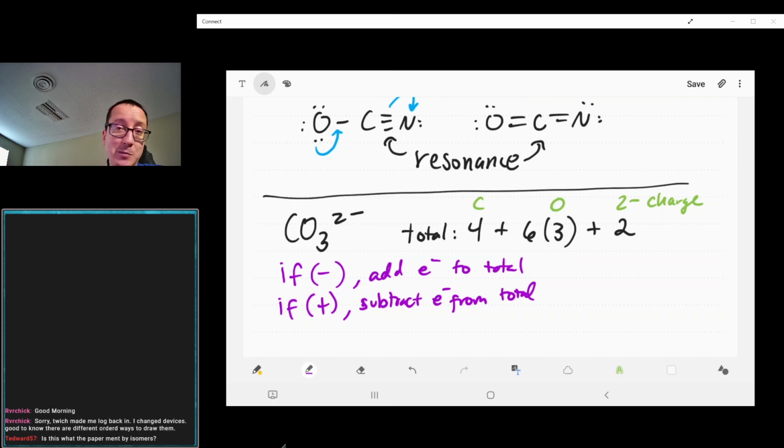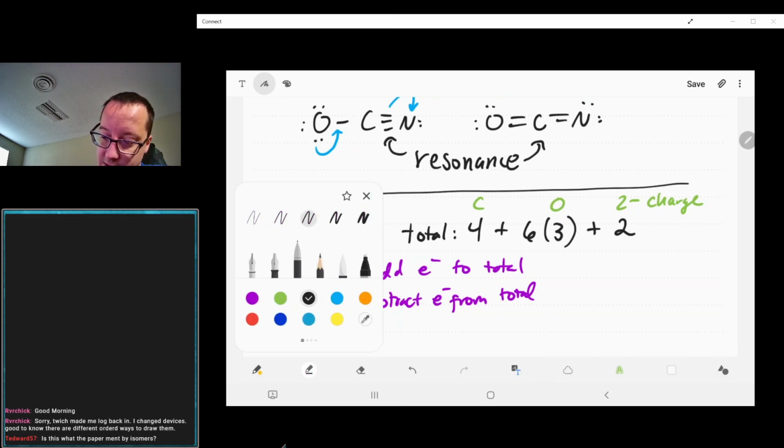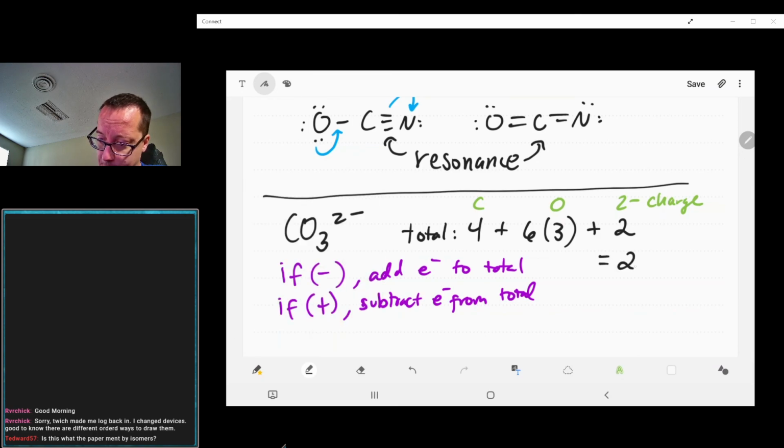If it was a 2+ charge, we would take away 2 electrons. So you would adjust the amount of electrons to make your charge. The total here is going to be, let's see, 24, I think. 4 plus 18, 22 plus 2, yeah. So 24 electrons.